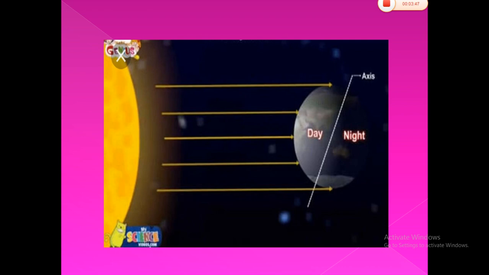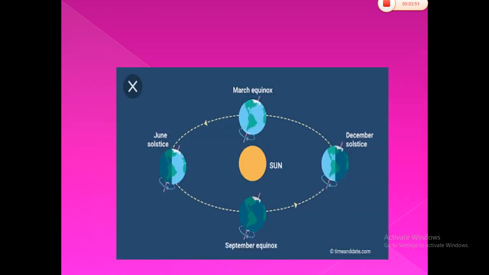Next, we can learn about revolution. As the earth rotates on its own axis, it also moves round the sun along a fixed path. This fixed path of the earth round the sun is called orbit. It is oval in shape.